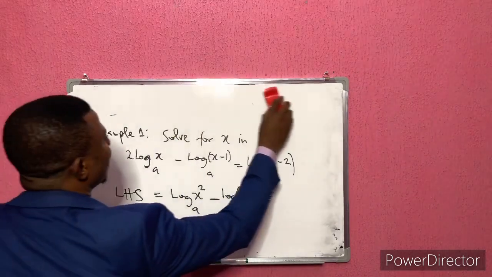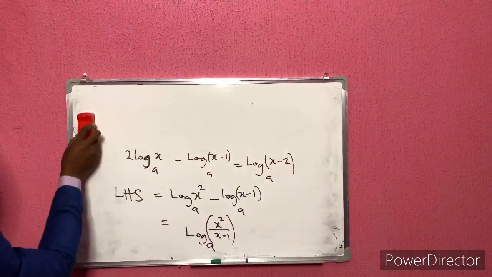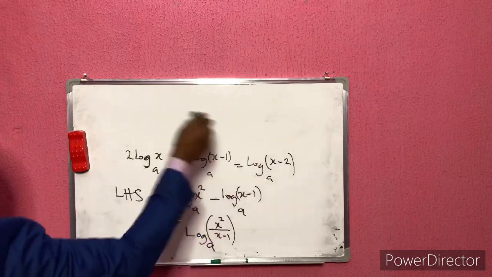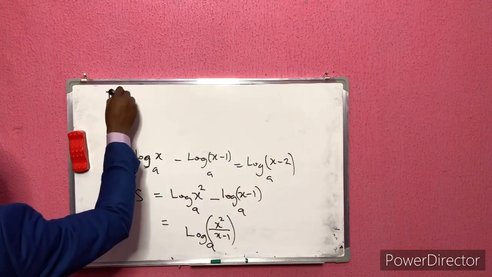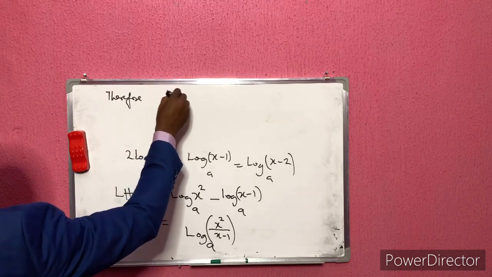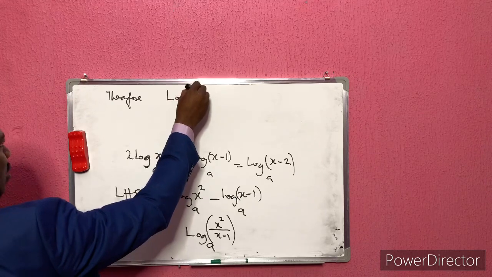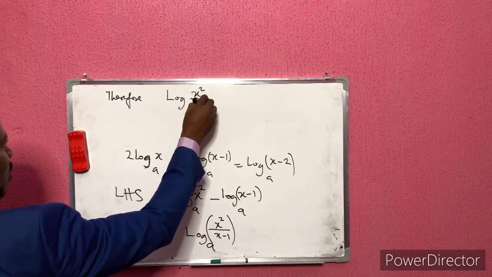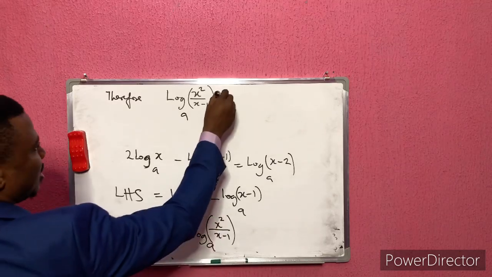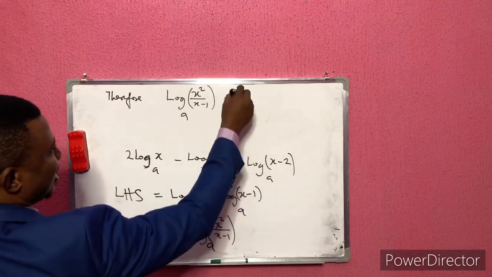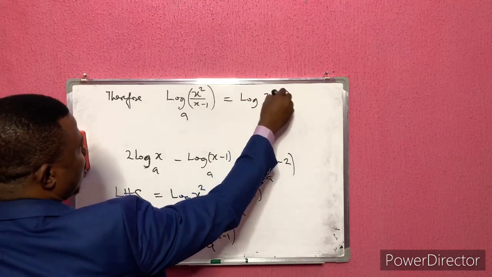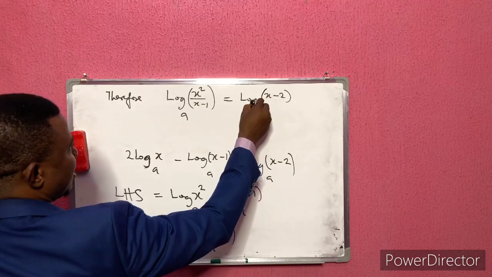Now you have solved the left hand side. We are going to equate it to the right hand side. Therefore, log x squared over x minus 1 base a, the left hand side, is equal to the right hand side, log x minus 2 base a.